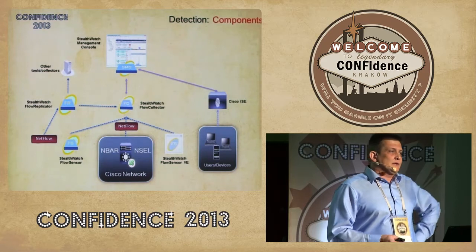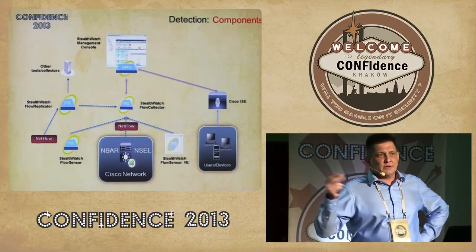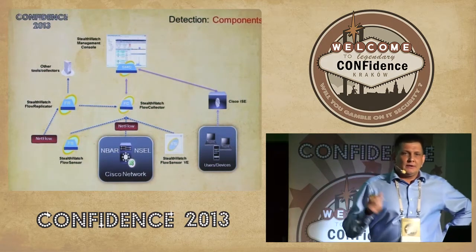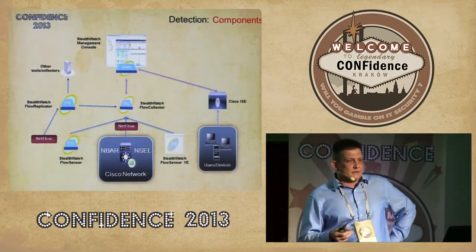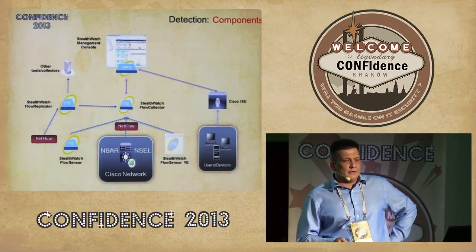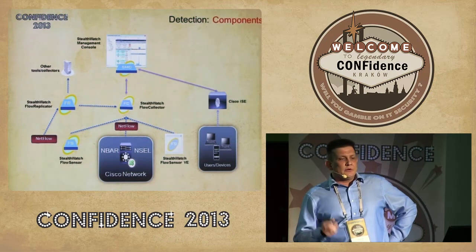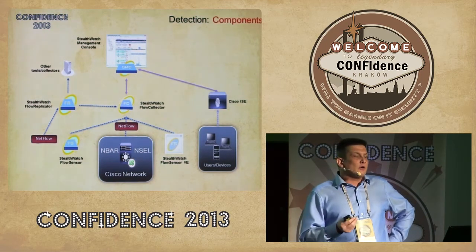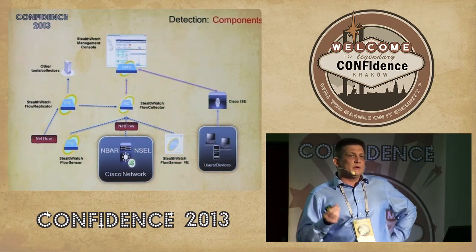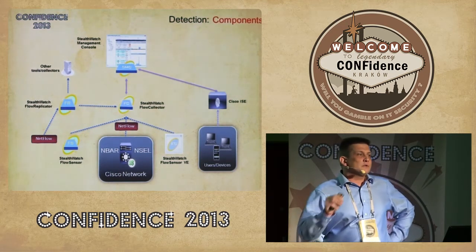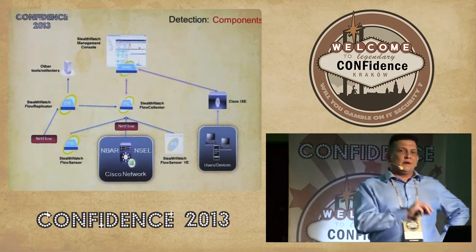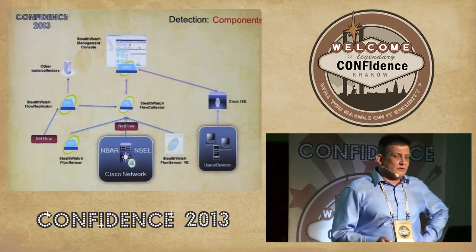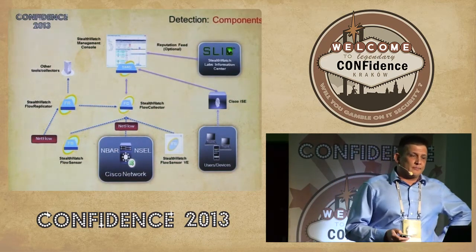From the flows, we get information like source, destination, and so on, so basically IP addresses and information on that layer. If you connect to a Cisco ISE, you also can get the login information of the users and connect the flows to people and to devices. So it gives you even more information.